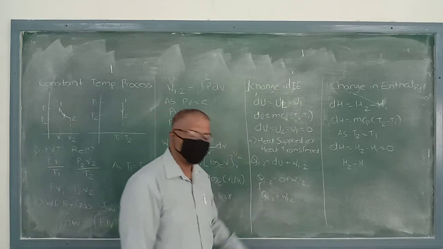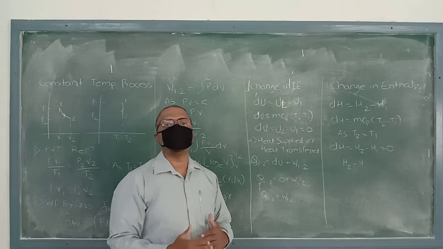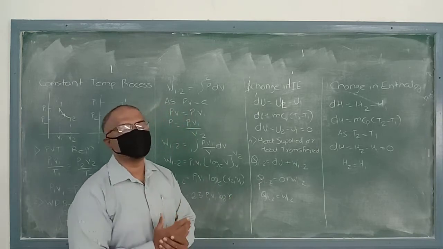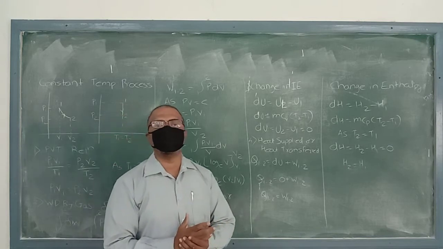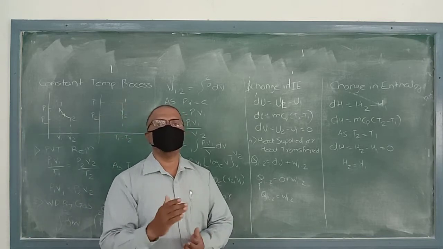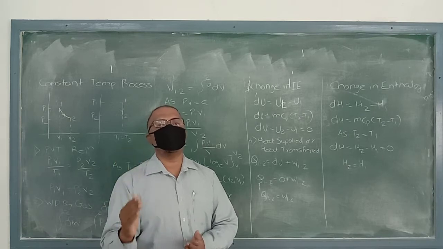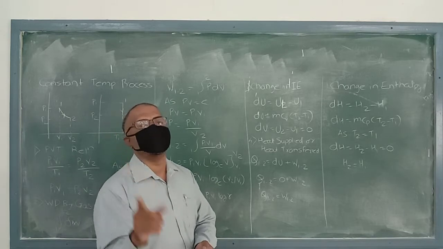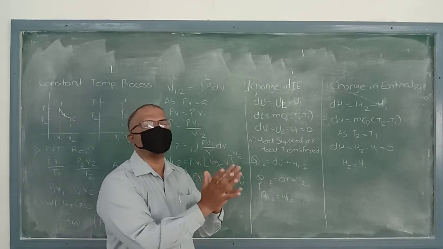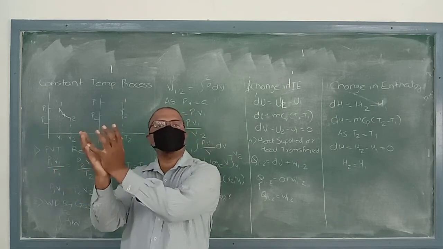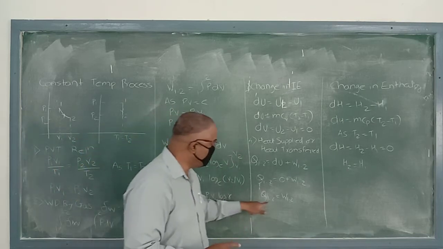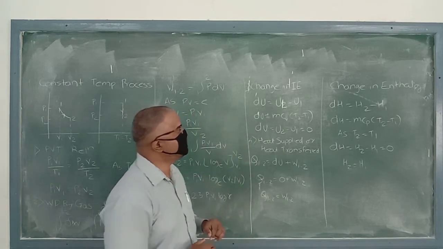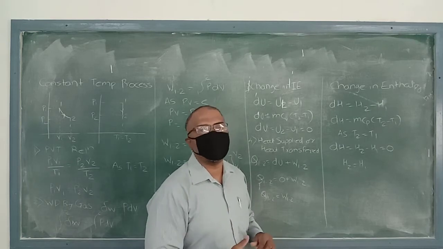From this we can say that the total heat supplied during the constant temperature or isothermal process is utilized only for work done, as there is no change in the internal energy. So the amount of heat supplied is equal to the amount of work done, Q1-2 is equal to W1-2.